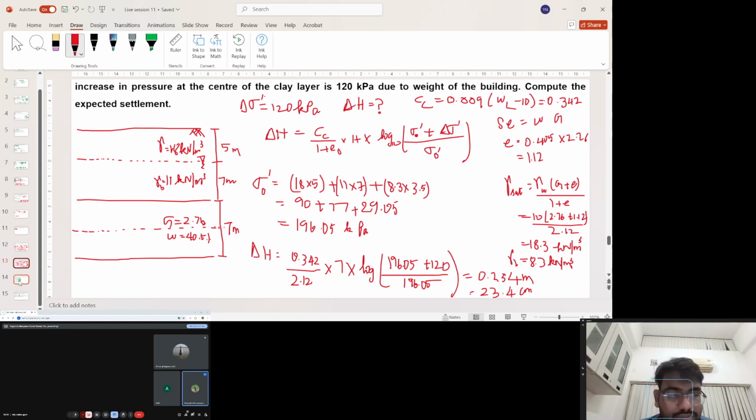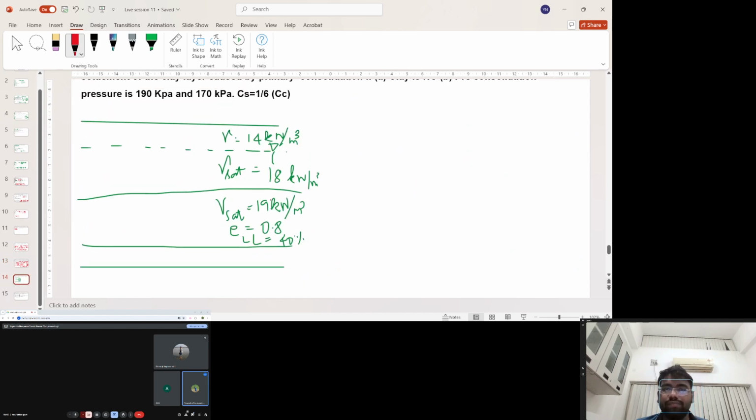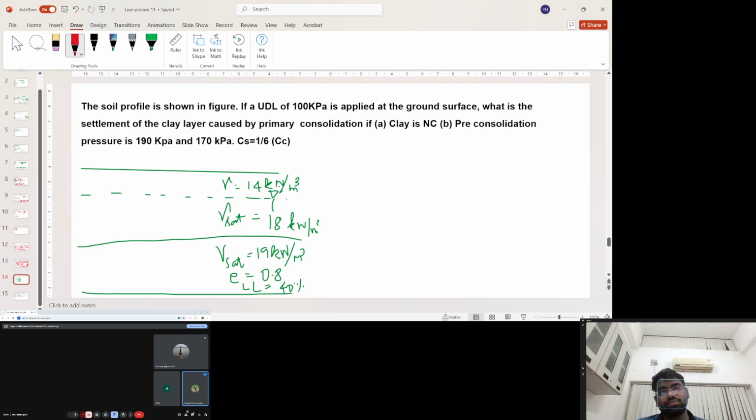So now coming to the next question. The soil profile is shown in figure. If a UDL of 100 kPa is applied at the ground surface, so this is the UDL.